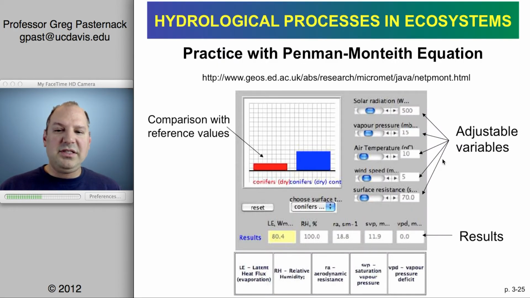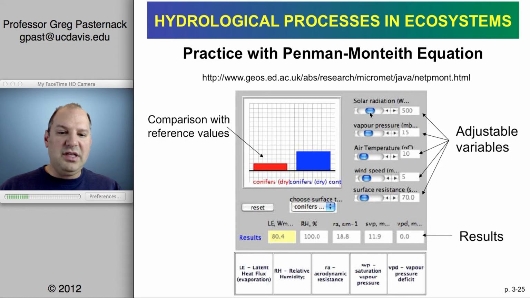Okay, so as promised, I would like you to use some of your time to play with the Penman-Monteith equation. One of the ways to do that is to use an online Penman-Monteith calculator. These calculators come and go. I'm just showing you one, but feel free to just use your favorite web search engine and find one. But I've given you the address for one here. And you have to have Java enabled.